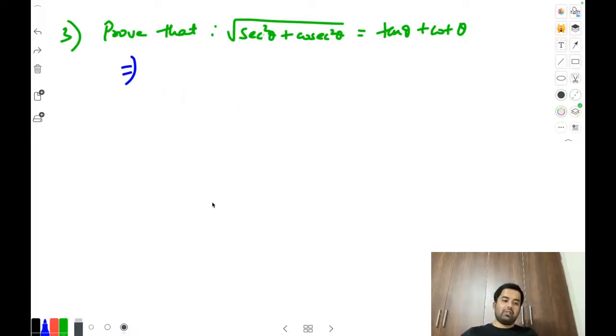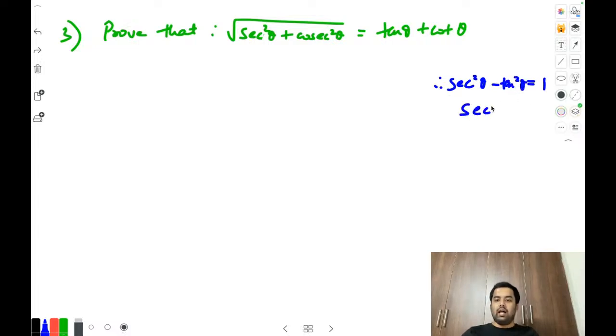Formulas we are going to use here, two formulas, let me write it down. We know that this formula we have equal to 1. So at the sec place we can keep 1 plus tan square. Okay, and second formula is what? Cosec square theta minus cot square theta equal to 1.